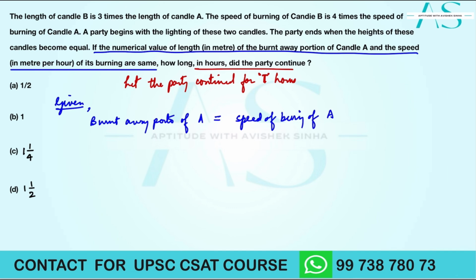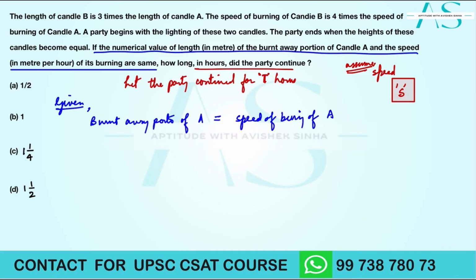Now, क्या speed given है question में? No. So we will assume the speed as s. मैंने क्या assume करा कि जो speed है that is s, a variable. Okay. This is the speed of burning away.